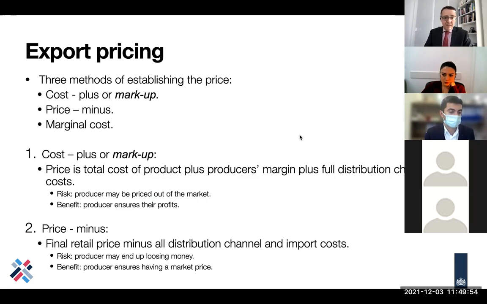What is the benefit? The benefit is you make sure that the price includes every single cost. So you're not going to lose money. In fact, because you're already adding the markup, your margin, you're going to make money. Good. What's the risk? That the price may be too high. That the price may price you out of the market. That competition actually delivers lower prices.